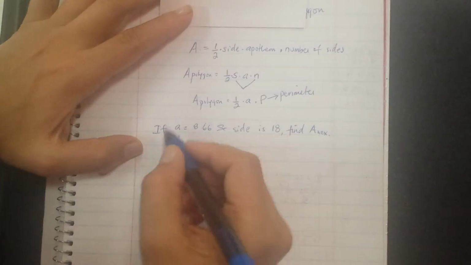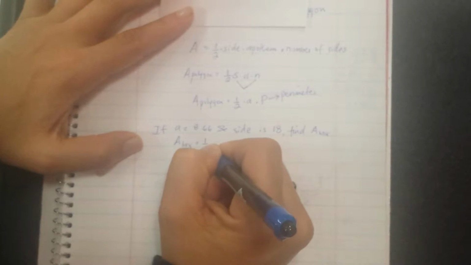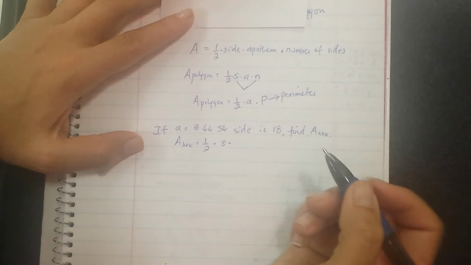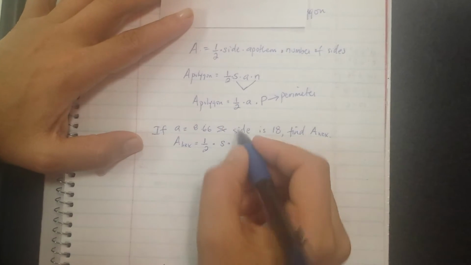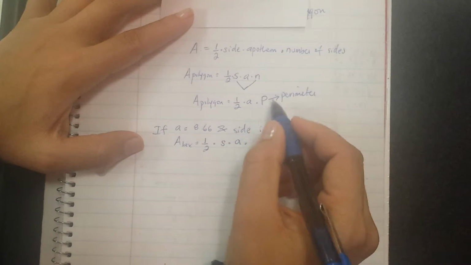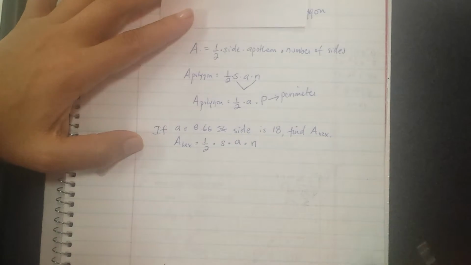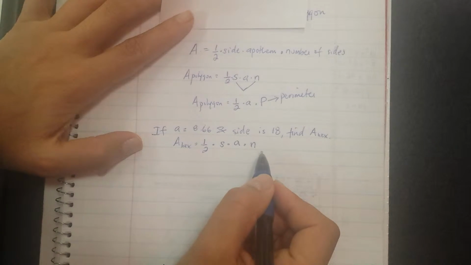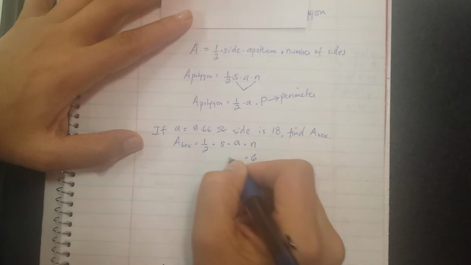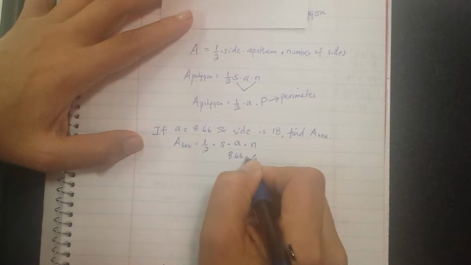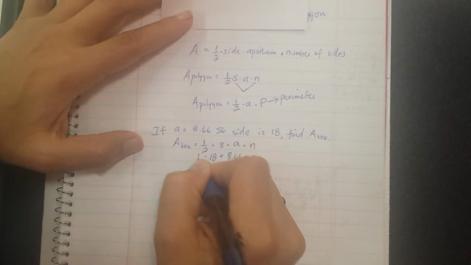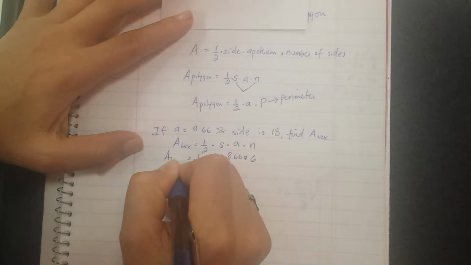The area of the hexagon is a half times the side times the apothem, which is 8.66, times the number of sides, which is N. Well, it is a hexagon. How many sides does it have? 6. So N is going to be 6. The apothem is 8.66. The side is 18. And then times a half equals the area of the hexagon.